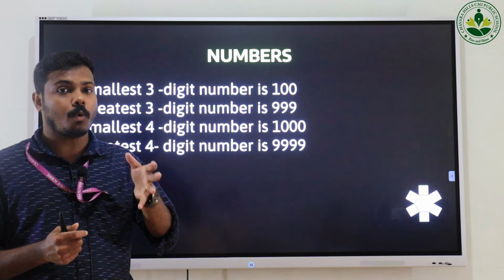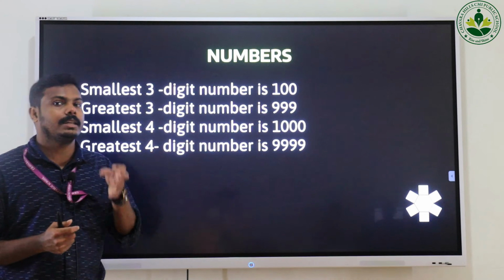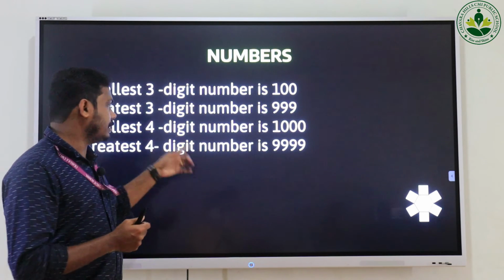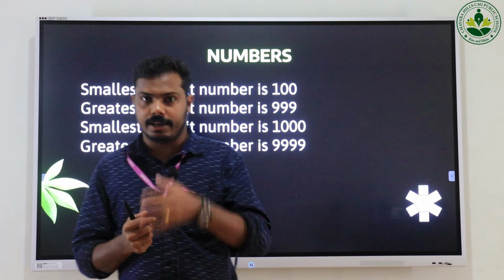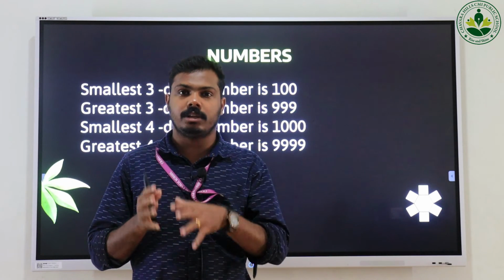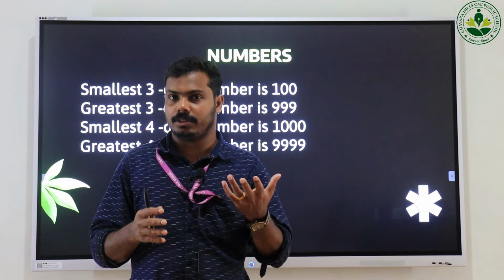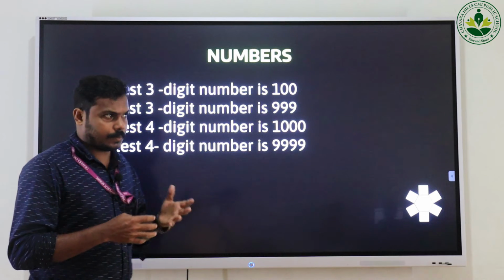The smallest 4-digit number is 1000, and the greatest 4-digit number is 9999, four nines.